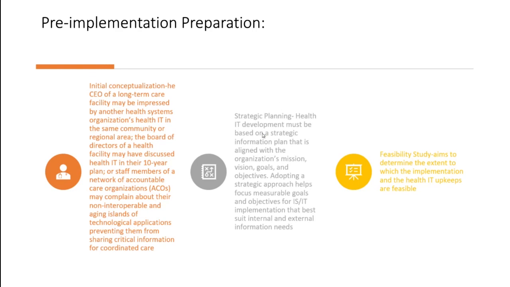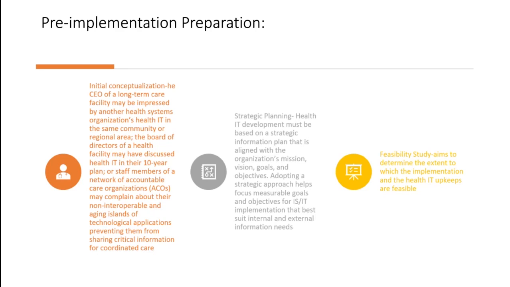Your health IT development must be based on a strategic information plan that's aligned with the mission and the vision of the organization. You can't implement plans and strategies that do not align, where the communication is lacking.